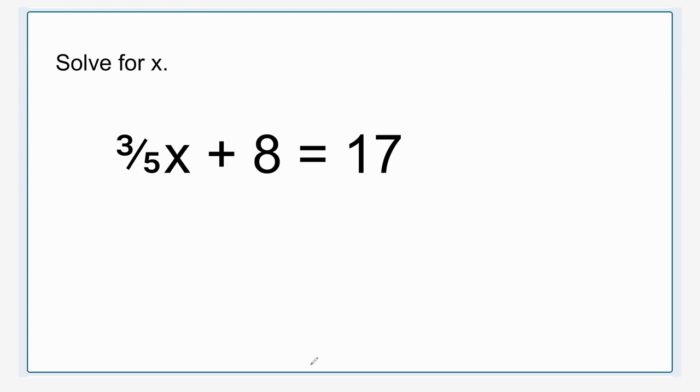I am splitting this into half. And now what I will be doing is subtracting the 8. At this point, this part should be simple, which gets you to just 3/5 of x equals 9: 17 minus 8, or positive 17 plus negative 8.